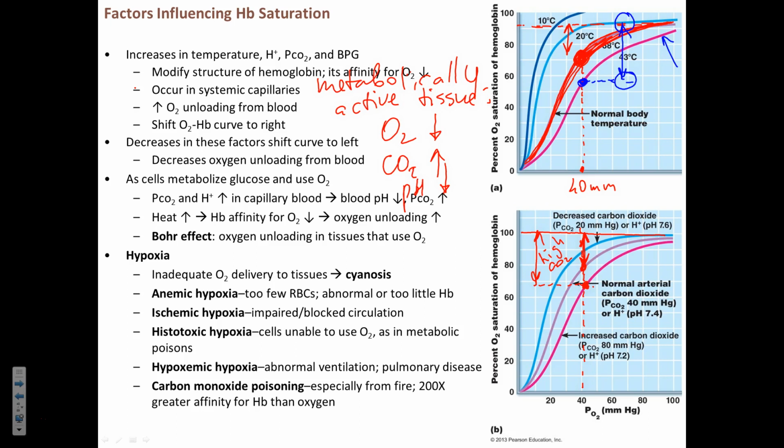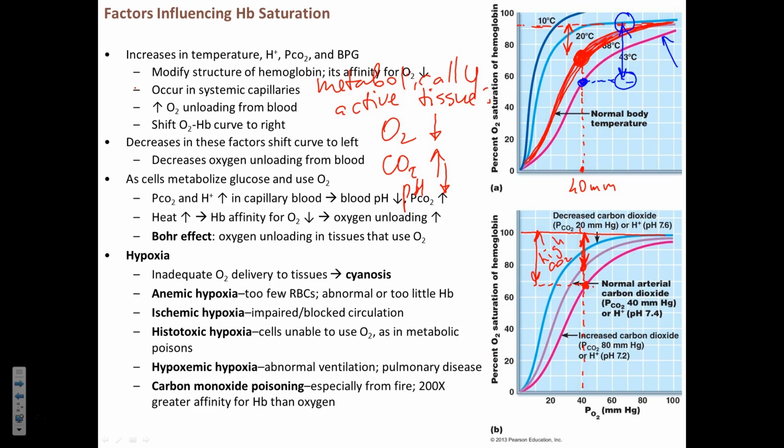They're pretty cold compared to the rest of the body. Air that we inhale is 68, 70, whatever. And turns out they're not acidic at all. They're actually more basic. So lungs are opposite to metabolically active tissue, which makes perfect sense, because lungs are the last place you need oxygen to be unloaded. You do the opposite thing.